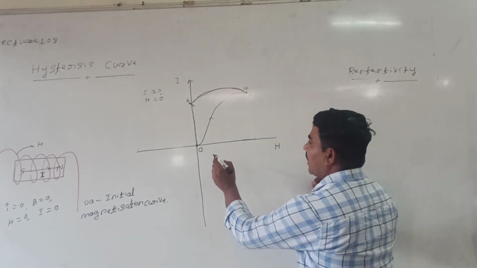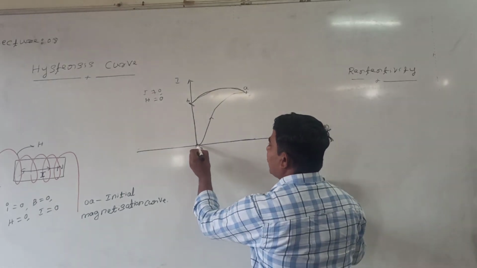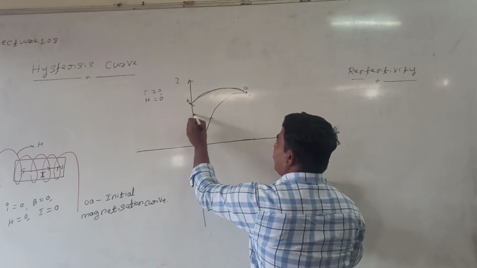Retentivity can be shown along the line OB.